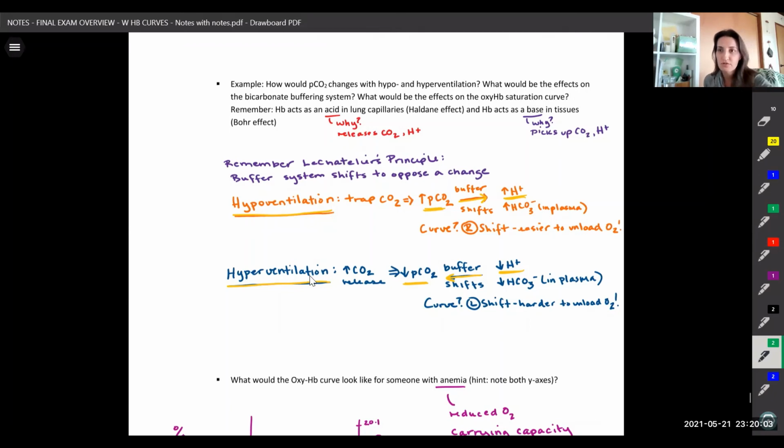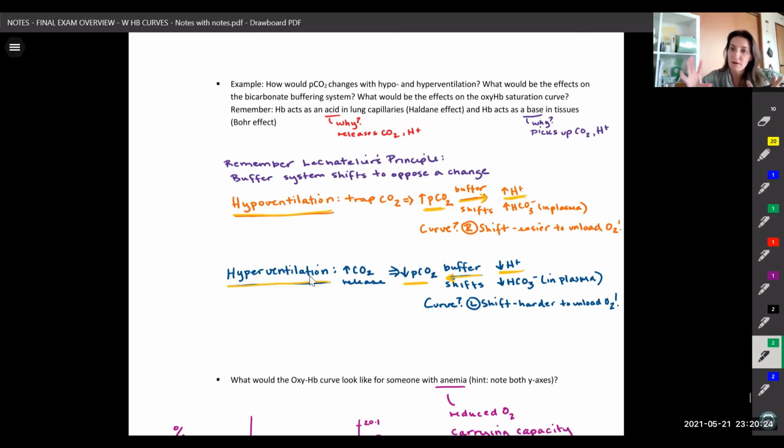So their partial pressure of CO2 within their body fluids begins to decline. According to Le Chatelier's principle, to oppose this change, this deficit of CO2, the buffer shifts in the direction of trying to increase levels of CO2.